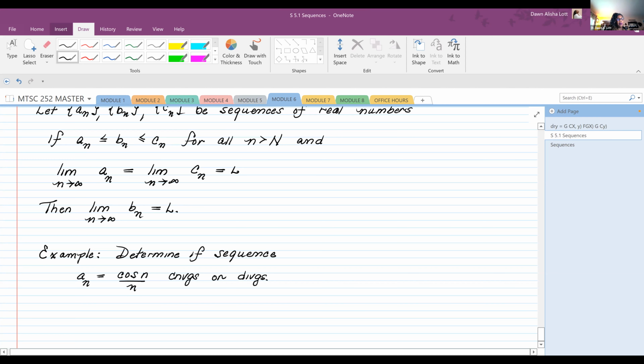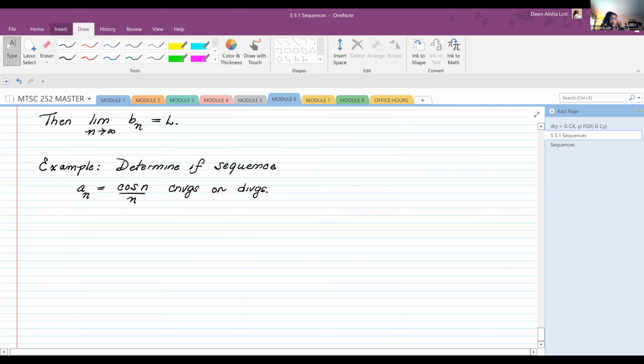Okay. Well, I'm going to squeeze it between two things. So I know that the cosine is sandwiched between -1 and 1. So therefore, -1 over n has to be on the bottom limit. We're dividing everything through by n, 1 over n.